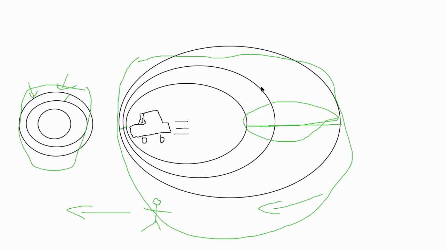Any questions so far? So when the car passes you, you receive waves that are really far apart, so that makes it lower. It has a lower frequency, so it sounds lower.